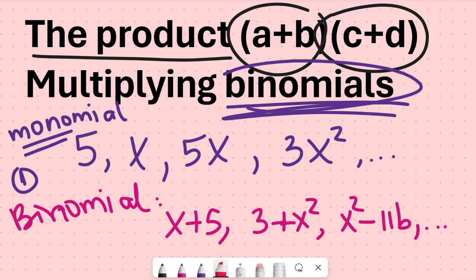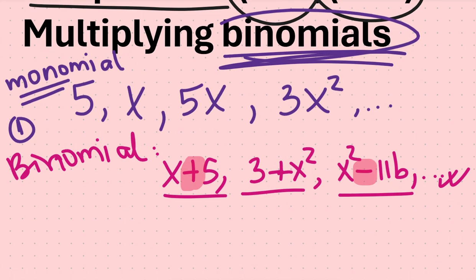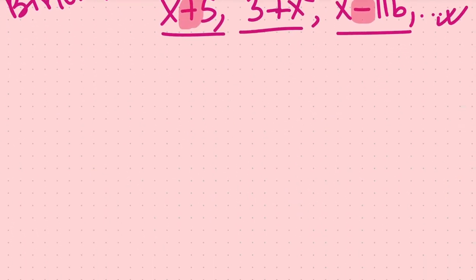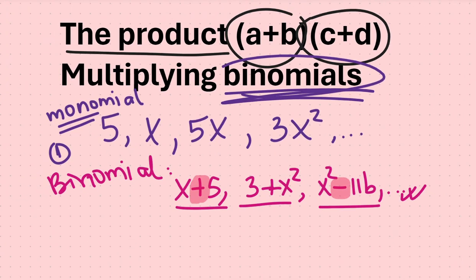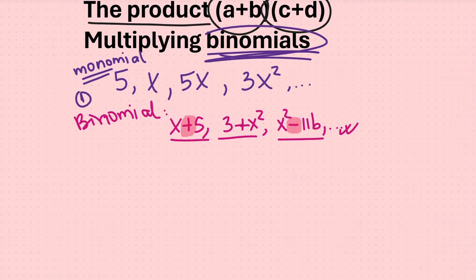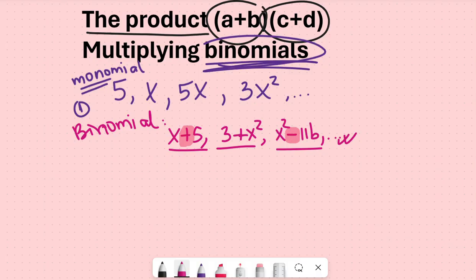If two terms are separated by a plus or a minus, then we call it a binomial. All right, now that we understand what monomials are and what binomials are, let us see how we multiply this example here.